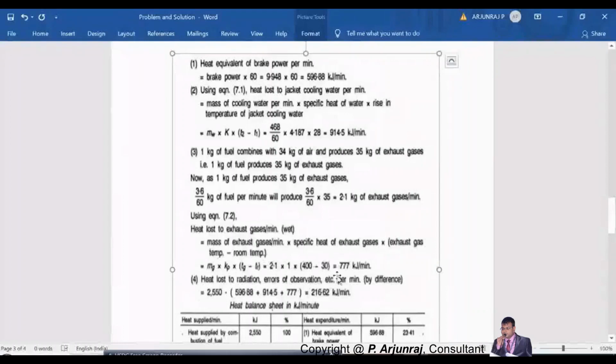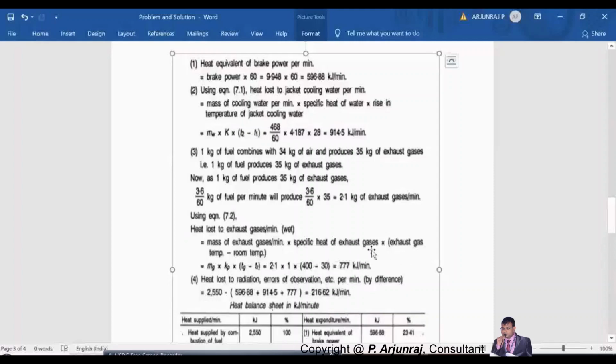If it is 25 degrees, you put 25 degrees. Sometimes this 30 degrees will also be given in the problem. If not given, you can assume as per your choice, even 35 degrees as well. But you need to ensure that you write the assumption as well. Okay. So exhaust gas minus room temperature.